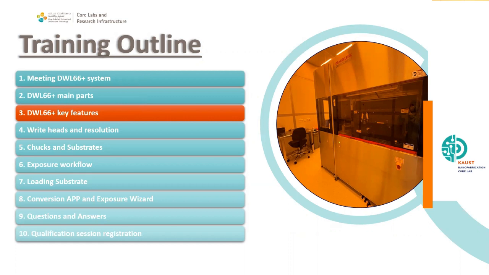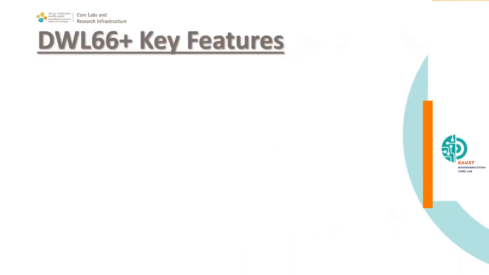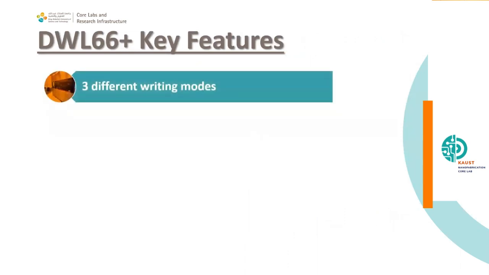So going to the next point, I'm going to present the key features of this tool and what makes this tool much better than the previous one. The first one is that it has 3 different writing modes.